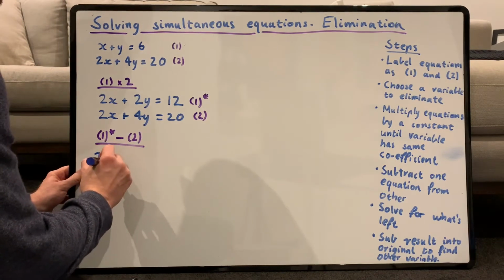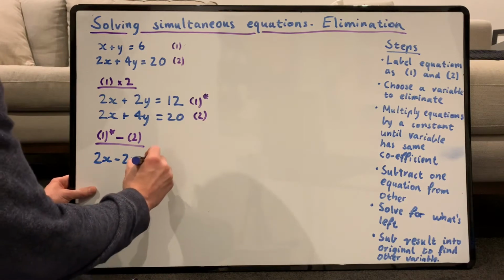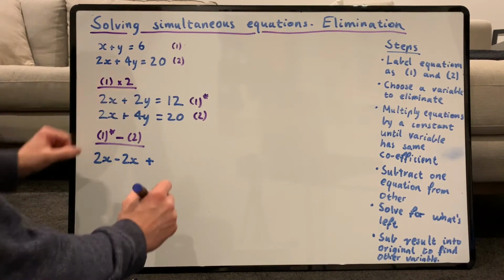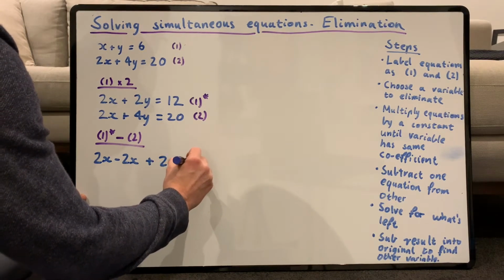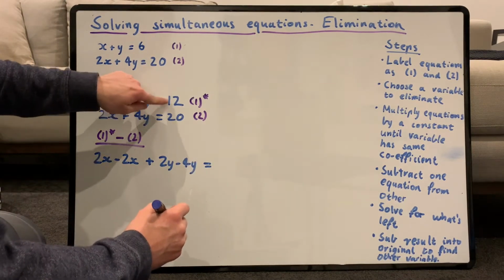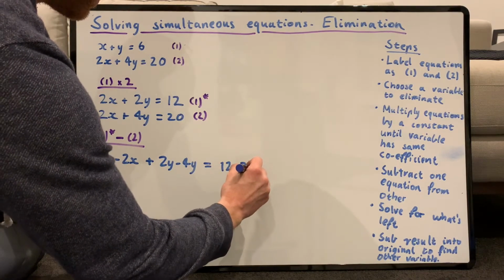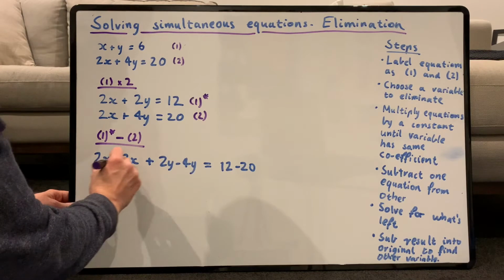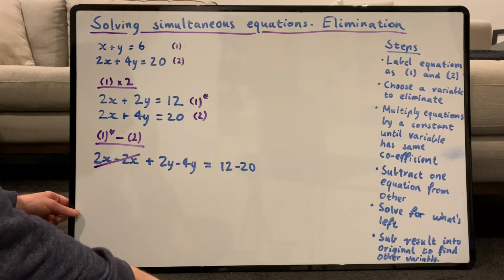I'll just write it out fully. 2x minus 2x plus 2y minus 4y equals 12 minus 20. Okay. There's your elimination. And now we just have to clean up the rest.